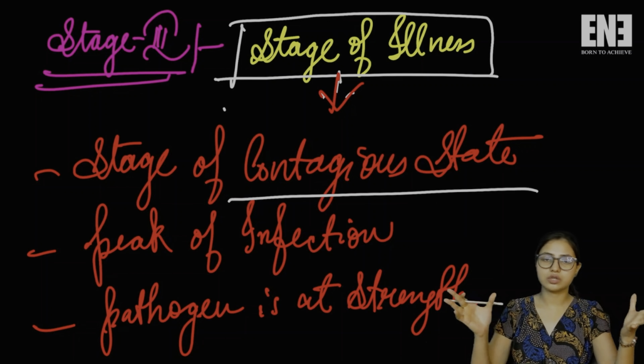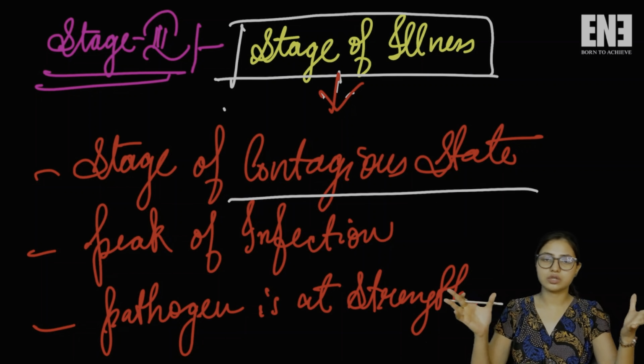That means the person is now fully recovered. Clear? Till this it is clear. So all the symptoms have gone, the person is now recovered. The person is no more infected right now, he cannot spread infection, he is no more contagious right now. So these are the 5 stages which we need to understand.